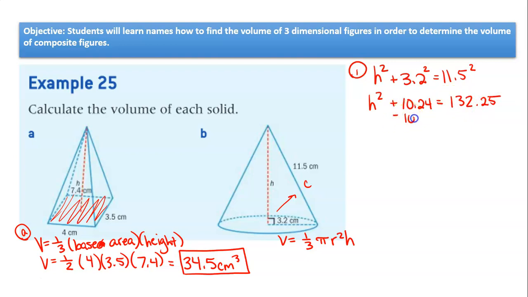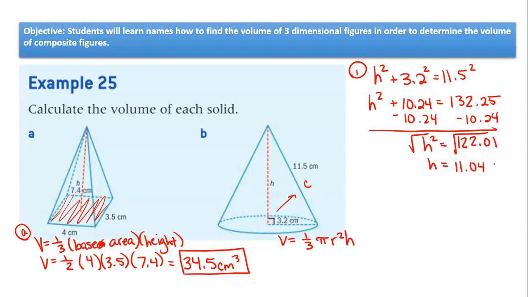Then solve for h squared, and take the square root in the end. Again, I'm keeping this a long number because this is not my final answer. This is just getting me the height, so I want to keep that long decimal and not round it.